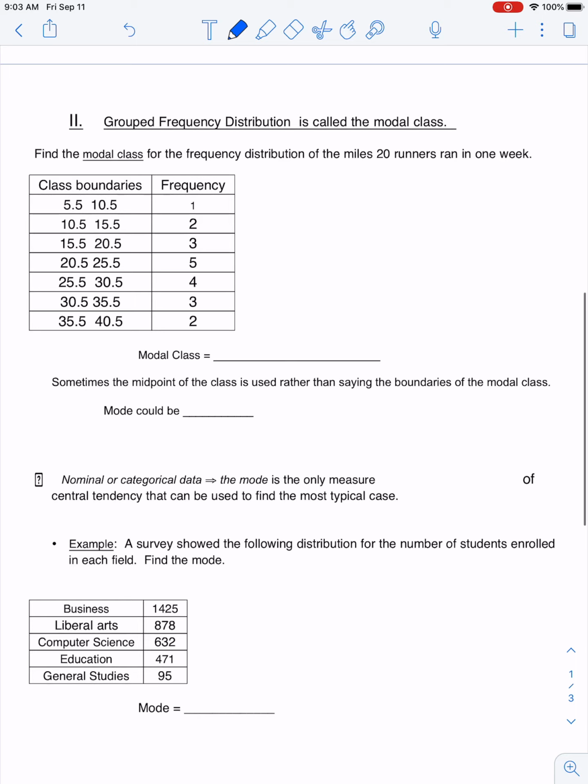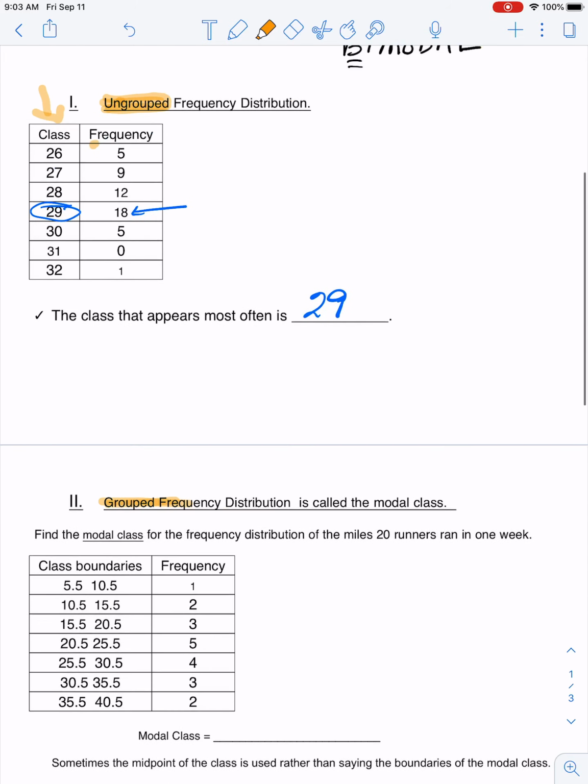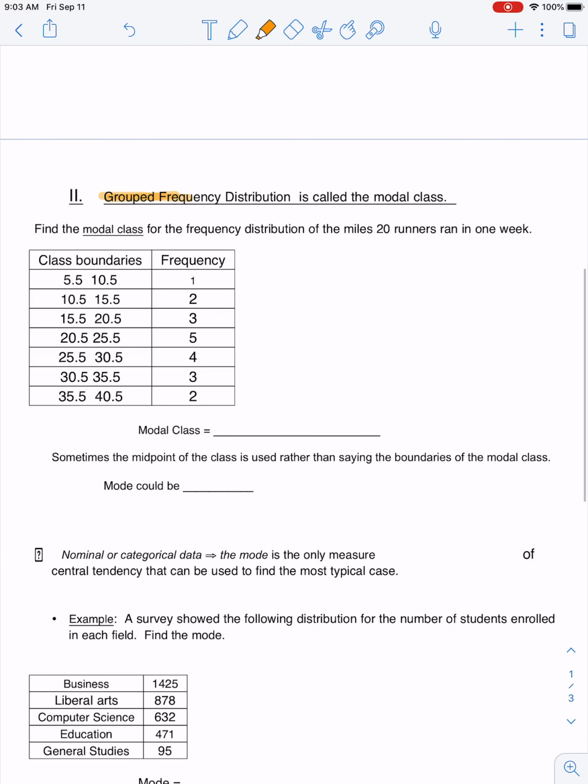Next up is our grouped frequency table. It's grouped because we have intervals or boundaries here. Ungrouped, remember, is just the data. Grouped means we're in categories or intervals. To calculate the mode for a grouped table, again check the highest frequency, which is right here at 5.